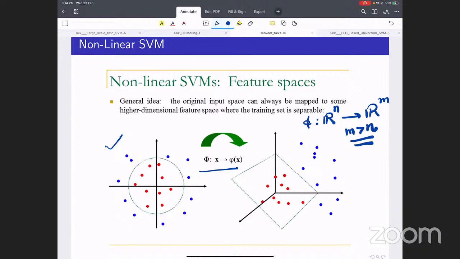Okay, with the same idea we map the input data. Using this phi, we map this data into some high dimensional space, such that the data is linearly separable. You can see here in the plane that the data points are linearly separable, and we can draw a line.